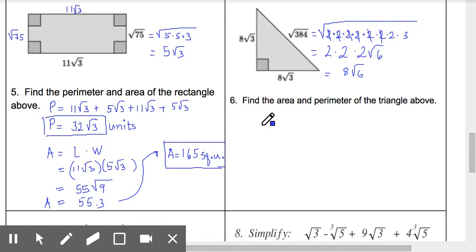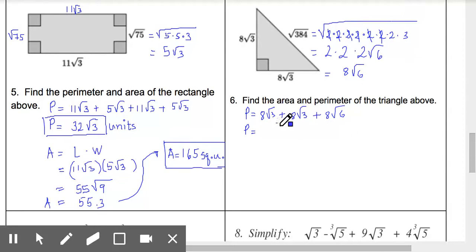All right, so let's find the area and the perimeter. Let's find the perimeter first. So perimeter is 8 square root of 3 plus 8 square root of 3 plus 8 square root of 6. They are all square roots, so they have the same index, but not all of them have the same radicand.